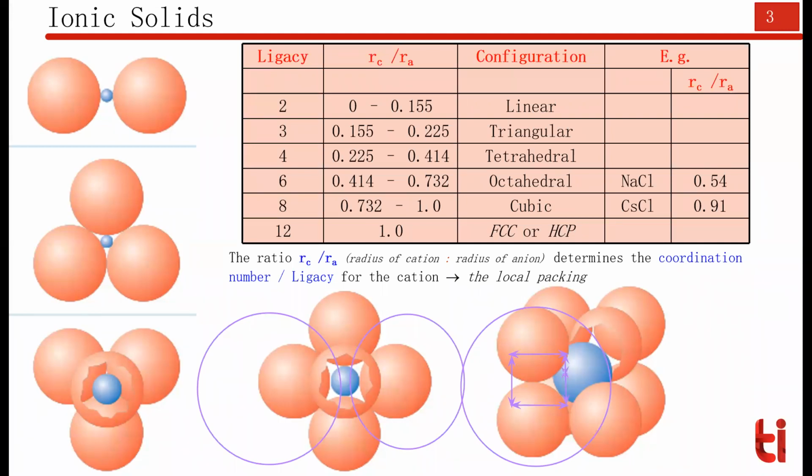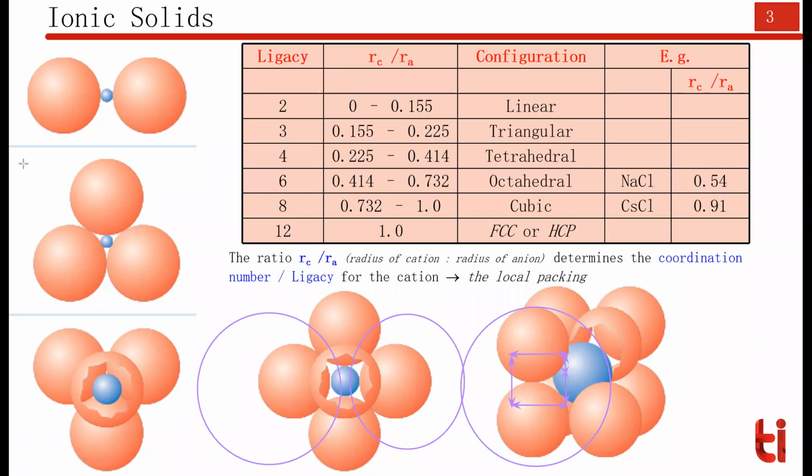But if the radius ratio of cation to anion ranges between 0.155 and 0.225, then it needs to have a ligancy of 3. Ligancy of 3 means it forms a triangular planar structure, which is shown schematically in the diagram, which I am just marking now.